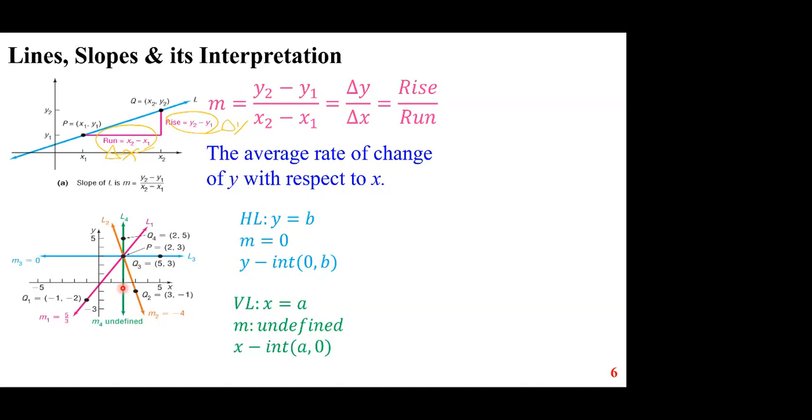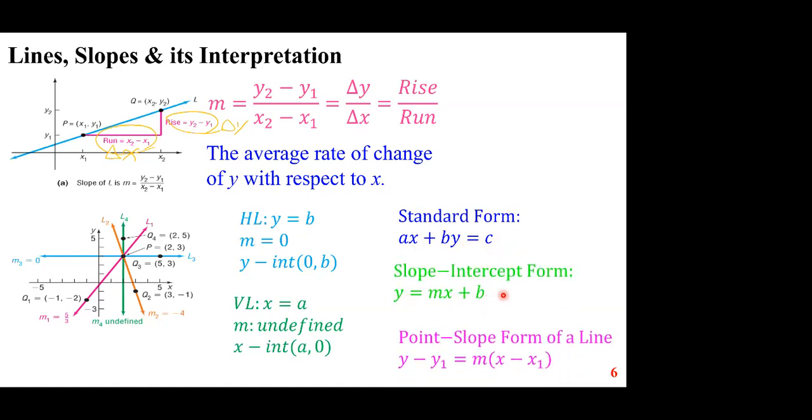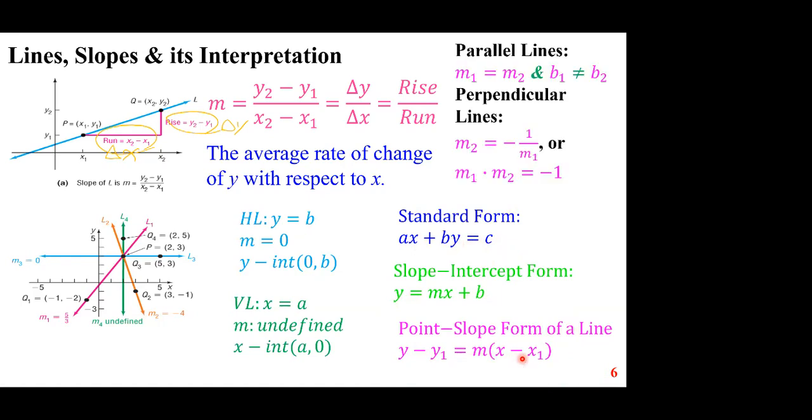Equation of a line, we have a standard form ax plus by equals c. We have the slope intercept form y equals mx plus b, and the point slope y minus y1 equals m times x minus x sub 1. I hope everybody remembers those. Two lines are considered parallel if they have equal slopes but different y-intercepts.